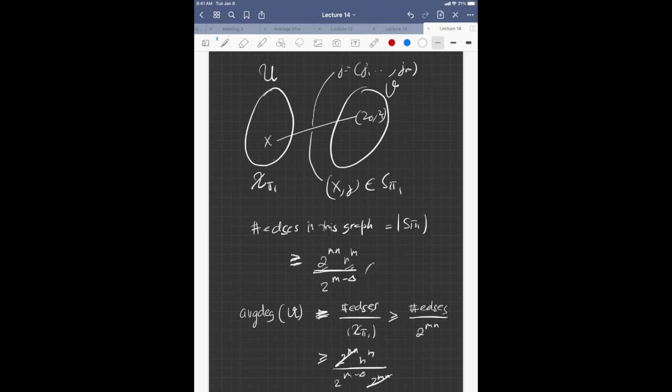So this is n to the m minus, the way to write this would be, n is 2 to the log n, so this is 2 to the m log n minus m minus delta, but I'm going to drop the delta, so I'll just write m. So this is at least this much, right? I mean, dividing by 2 to the m minus delta gives you a larger number than dividing by 2 to the m. Okay, so this is what we get for the average degree.